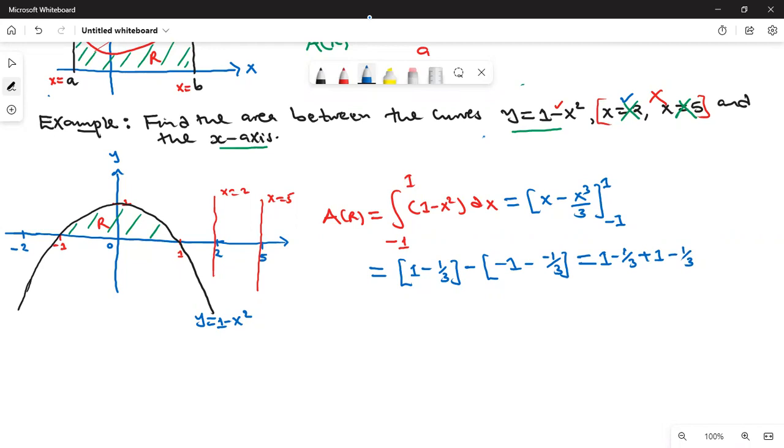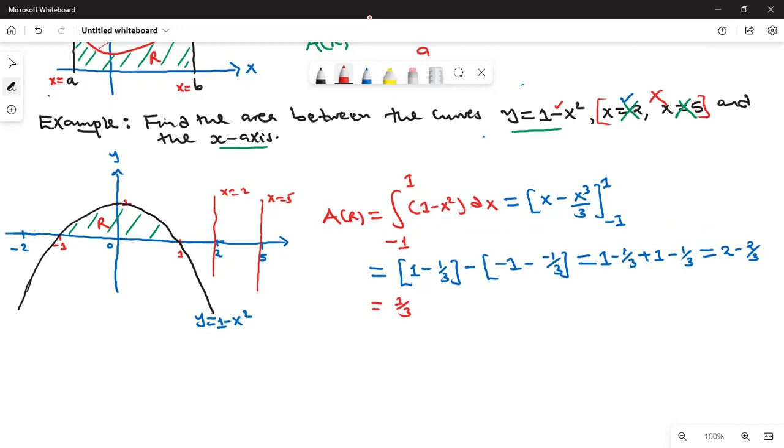So what will we get? It will be 1 plus 1, that is 2, minus 2 over 3. And so the result is 2 minus 2 over 3. That answer will be equal to 4 over 3. So we have managed to find the area between the curve y equals 1 minus x squared and the x-axis.